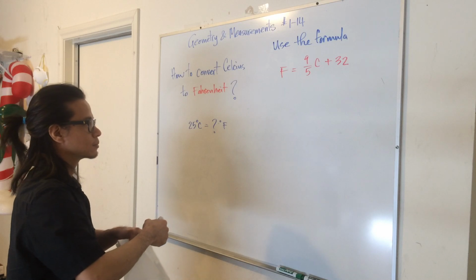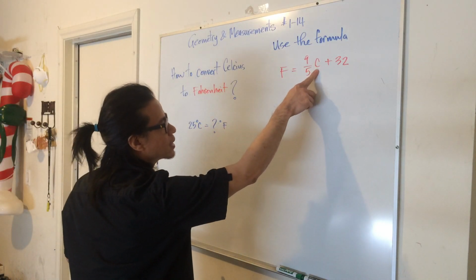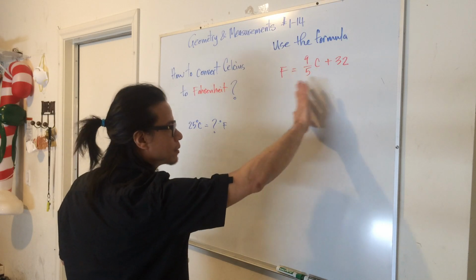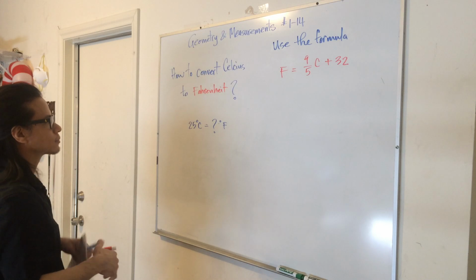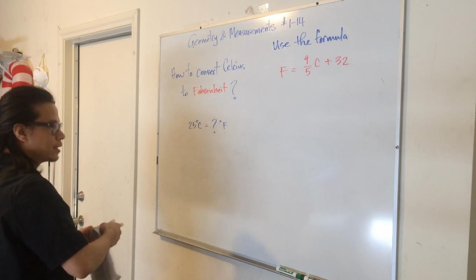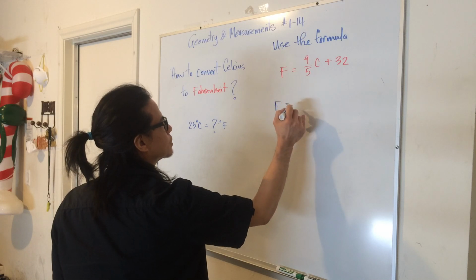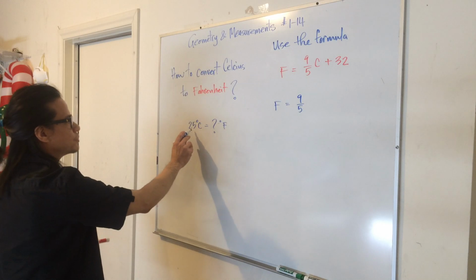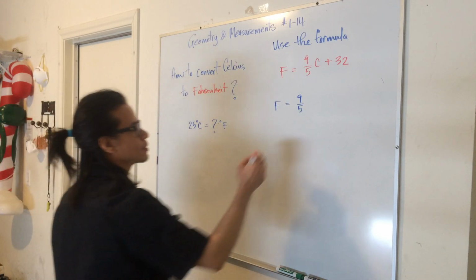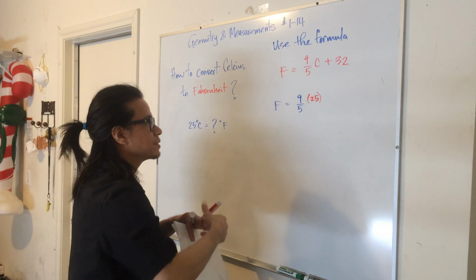So if we're trying to find Fahrenheit, we can plug in the Celsius value and then calculate the temperature. Here goes. Fahrenheit is equal to 9/5 times the degrees Celsius, which is 25, times 25 plus 32.